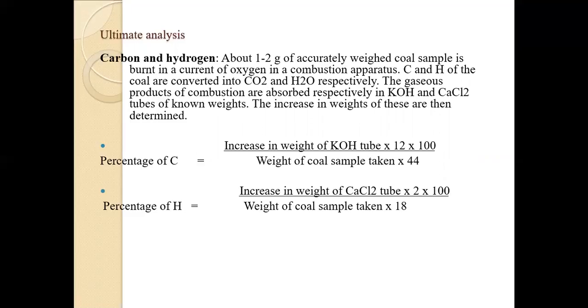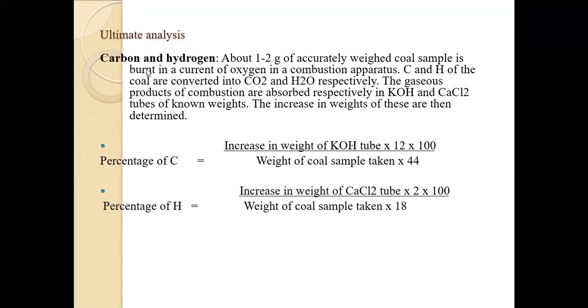These gaseous products of combustion are absorbed in potassium hydroxide and calcium chloride tubes respectively. Depending on the increase in weight of these tubes, carbon and hydrogen percentages are calculated.